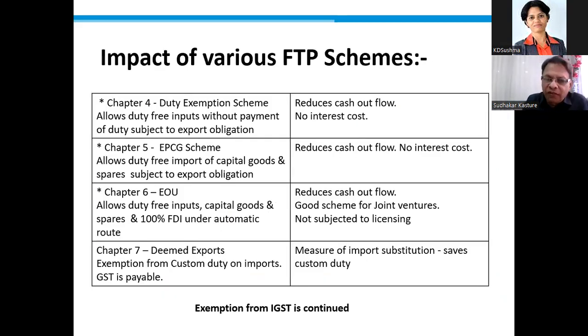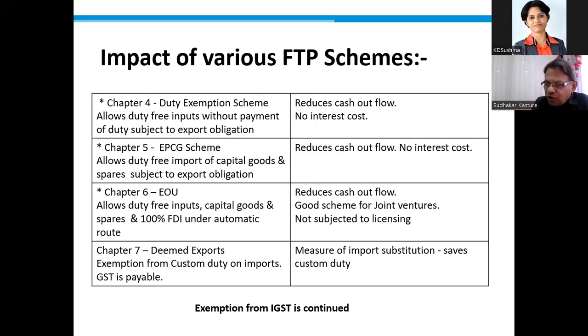So if we cover all these schemes and look at what benefits are granted: under chapter 4, the impact is reduced cash outflow. You need not pay duty. You have no interest cost. In chapter 5, reduced cash outflow. You don't need to pay duty. No interest cost. In chapter 6, reduced cash outflow.